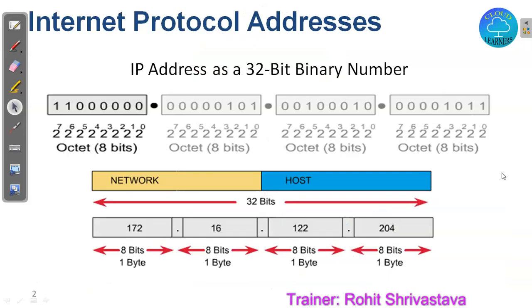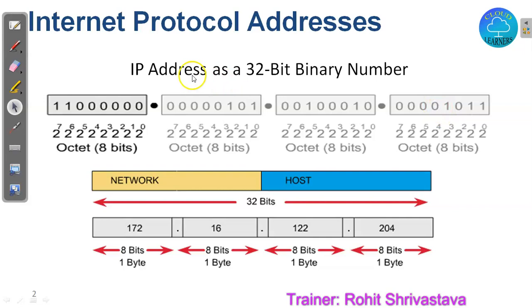So if we talk about the IP address, I'm not going deep into it. I am just giving the most important points that are necessary to know. An IP address is a 32-bit binary number which consists of 4 octet groups. Each octet consists of 8 bits, so 8 plus 8 plus 8 plus 8 gives us a 32-bit number.